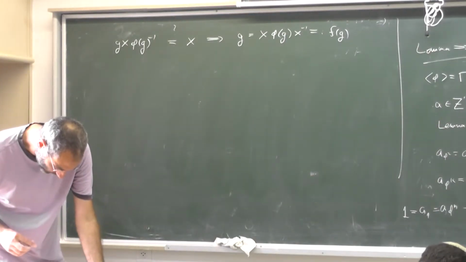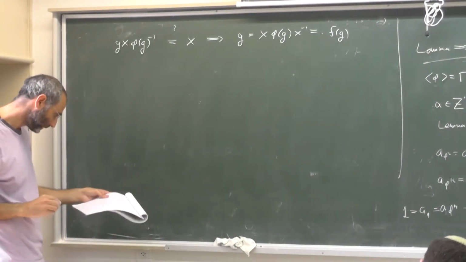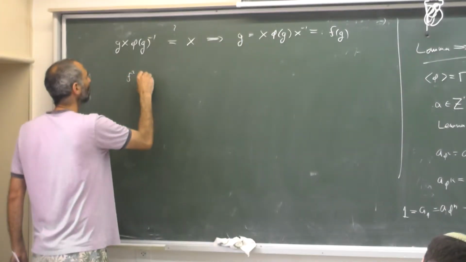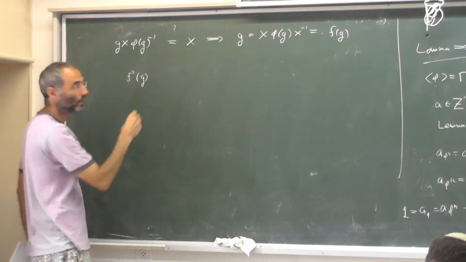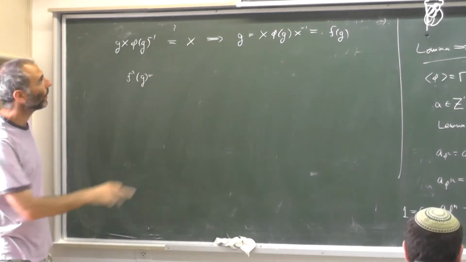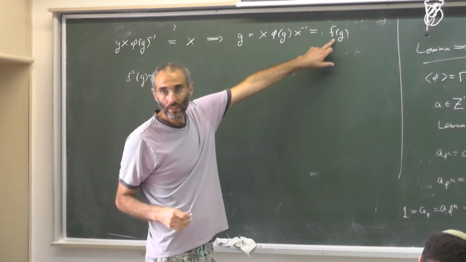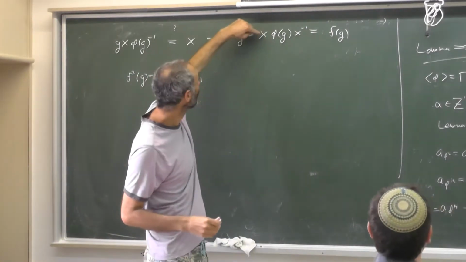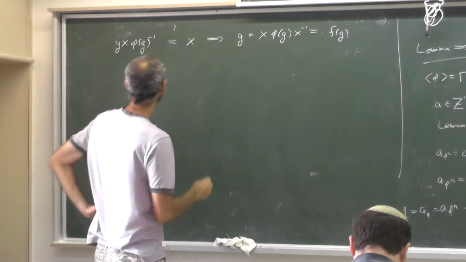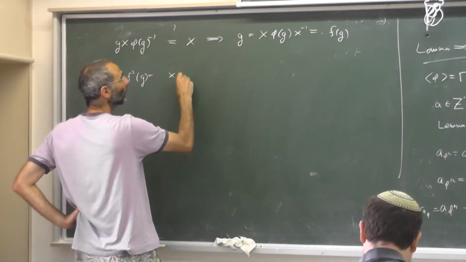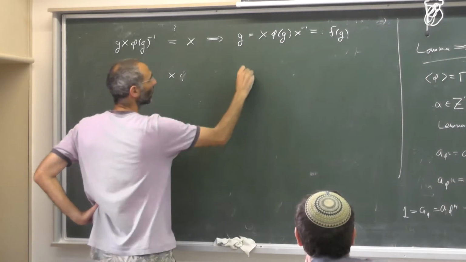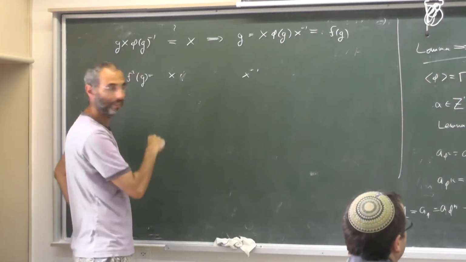And let me ask, what is F squared of G? So I should feed that and conjugate. If I feed this, you see I'm doing X, this is the conjugation, and now I'm feeding.